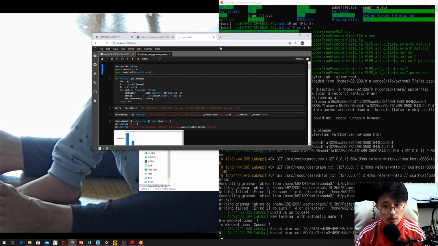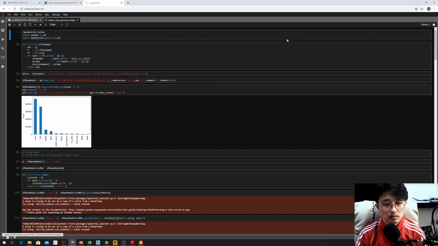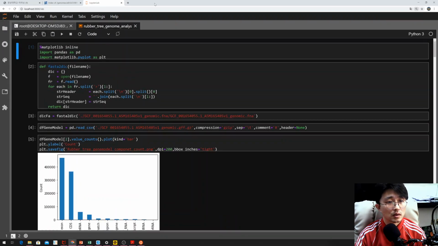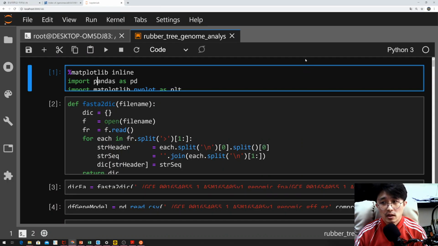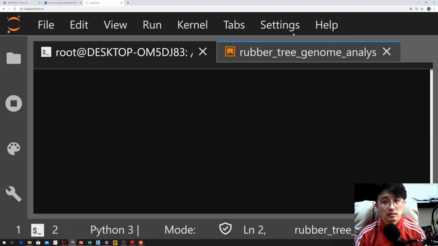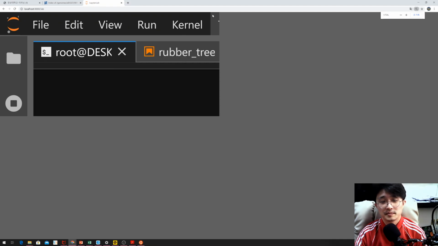I think my computer is somewhat very slow. This is also so small. I will enlarge. So what we have done.